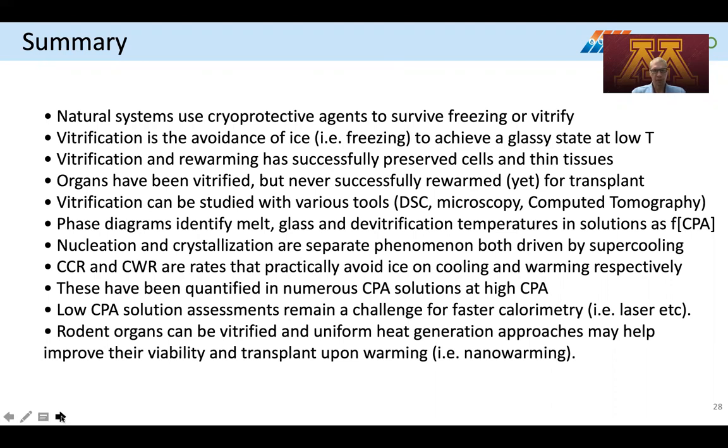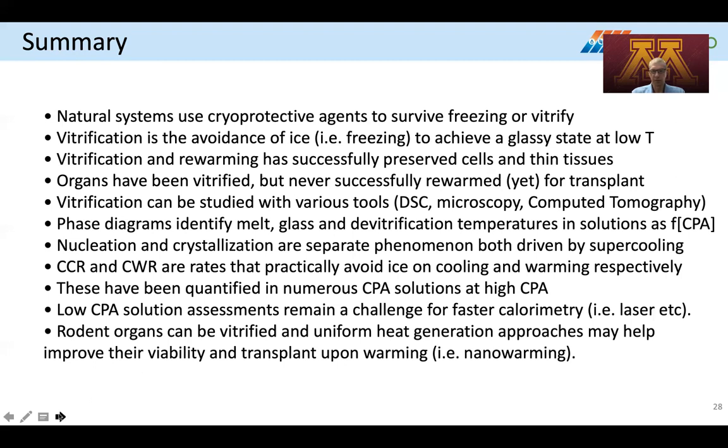Vitrification can be studied with various tools: DSC, microscopy, computer tomography, and others. Phase diagrams identify melt, glass, and devitrification temperatures as a function of cryoprotective agent concentration and type. And nucleation and crystallization are separate phenomena, both driven by supercooling. And CCR and CWR, those critical cooling rates and critical warming rates, are rates that practically avoid ice on cooling and warming respectively.